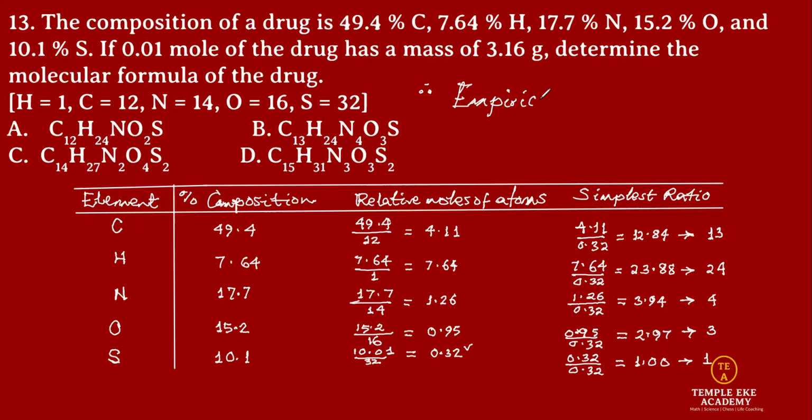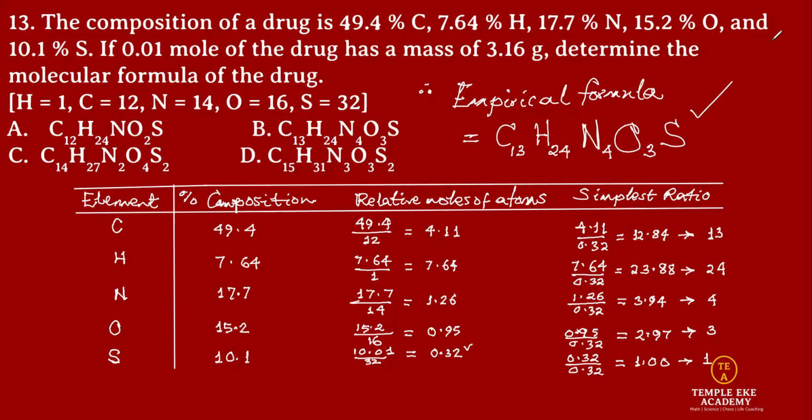Simply, it is carbon 13, hydrogen 24, nitrogen 4, oxygen 3, and finally sulfur 1, which we do not necessarily have to write. This is the empirical formula of the organic compound, the drug.